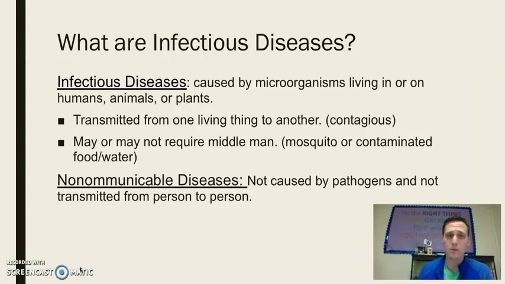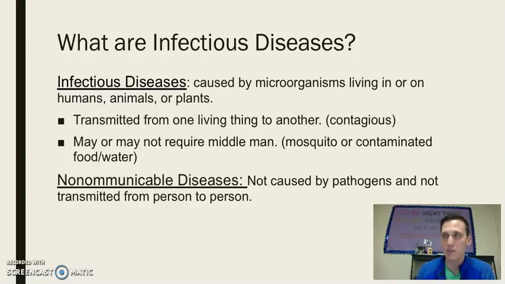Now, there's a difference between infectious diseases, sometimes called communicable diseases, and, sorry, that should have non-communicable diseases as well, should have a C in there. Non-communicable diseases are not caused by pathogens. So these little microorganisms that are living on or in plants and animals and humans, these diseases are not there.